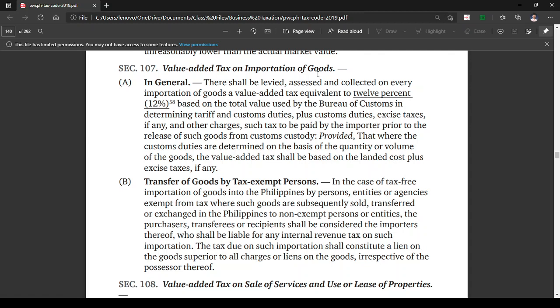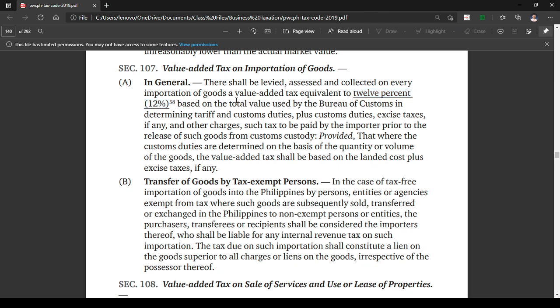Right? So under section 107, letter A, sabi dito, in general, there shall be levied, assessed, and collected on every importation of goods value-added tax equivalent to 12%. So parehas lang yung tax rate natin.